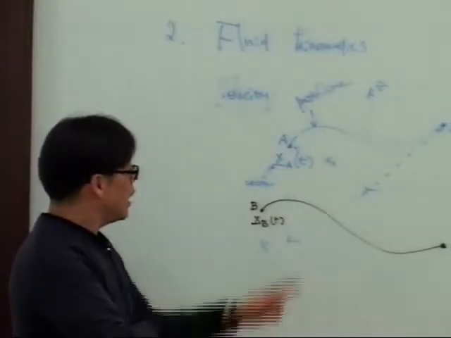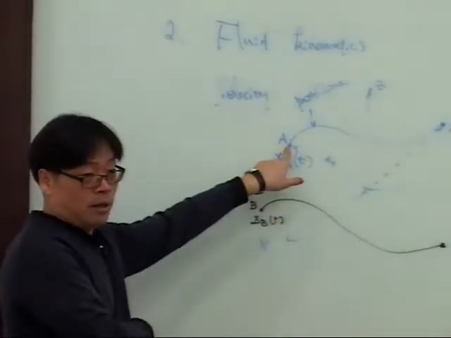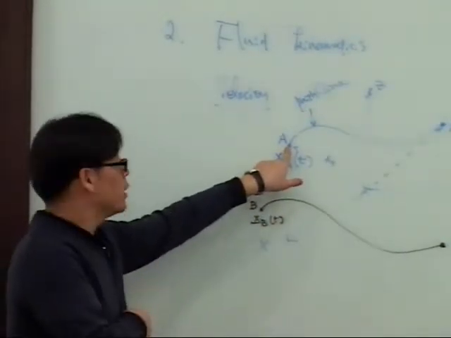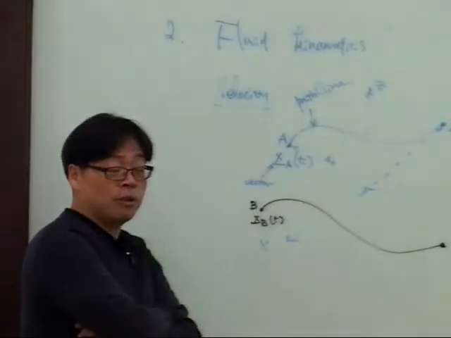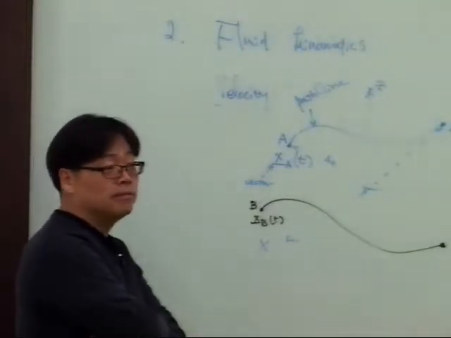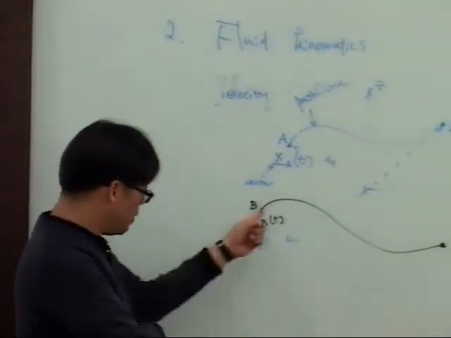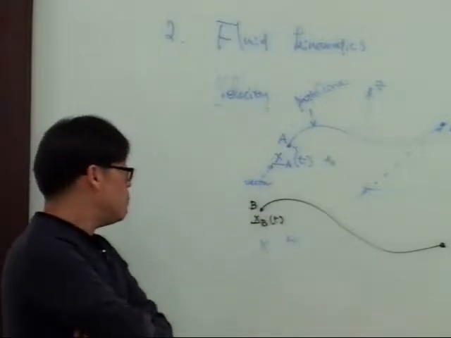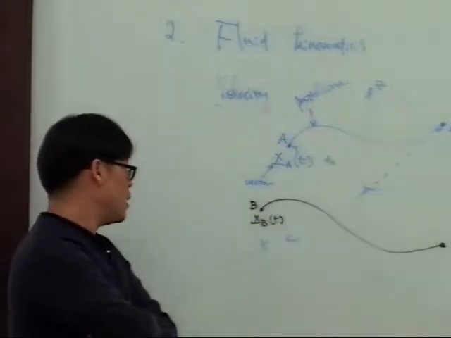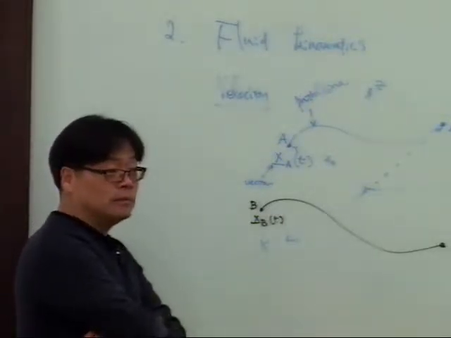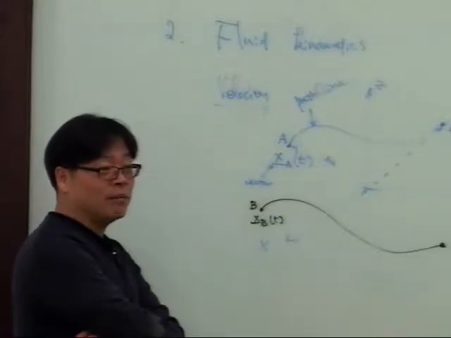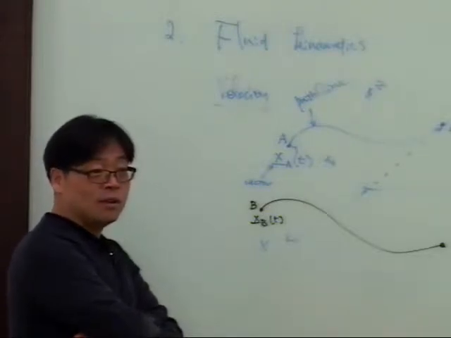So I'm looking at a certain fluid particle, and I'm just looking at where this fluid particle moves. And then I pick another particle, then I follow fluid particle B. But there are too many, right? An infinite number of particles to follow.